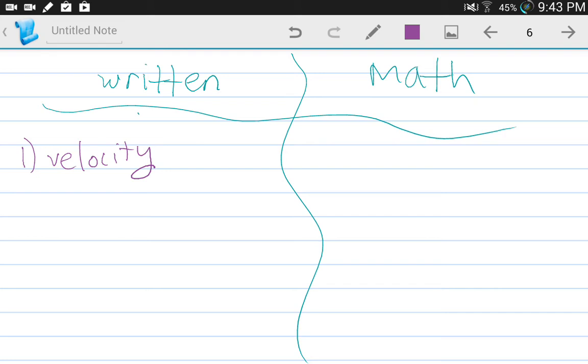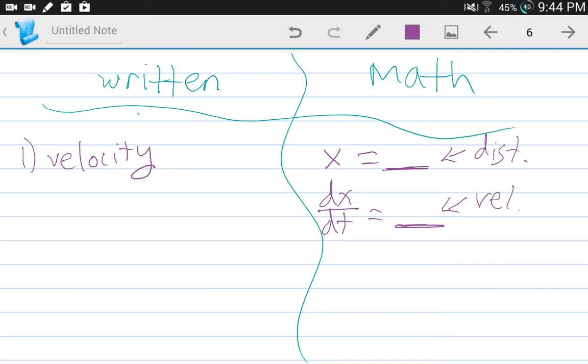When we're writing our equations, we could say x equals something, and this is going to be our distance, right?